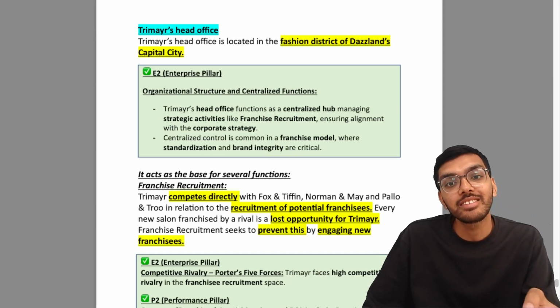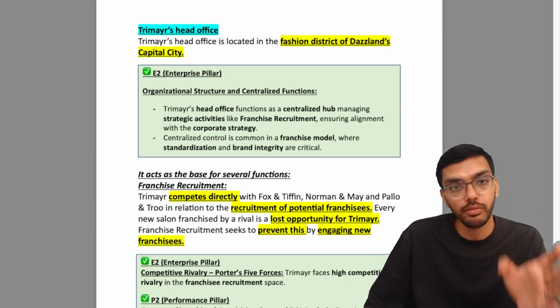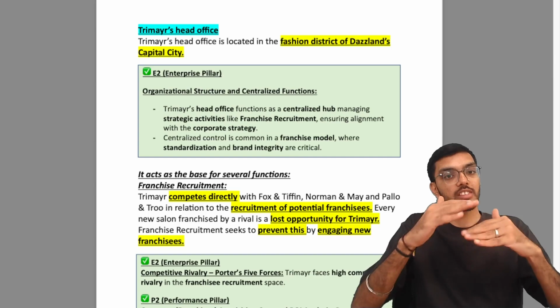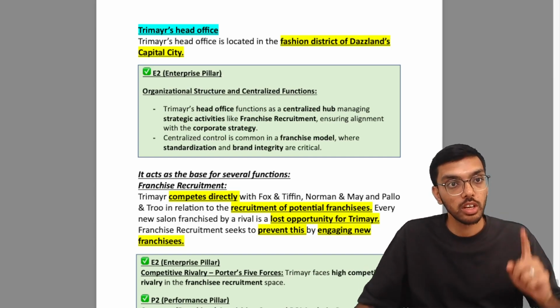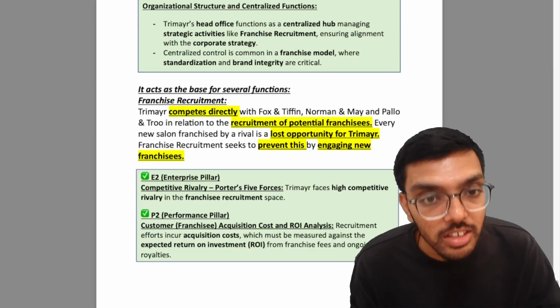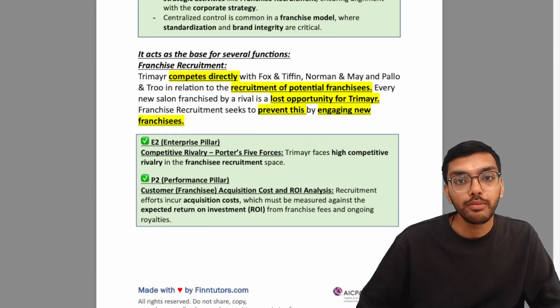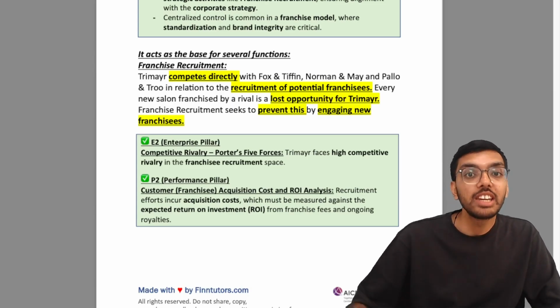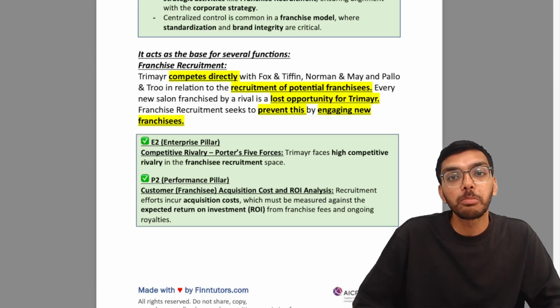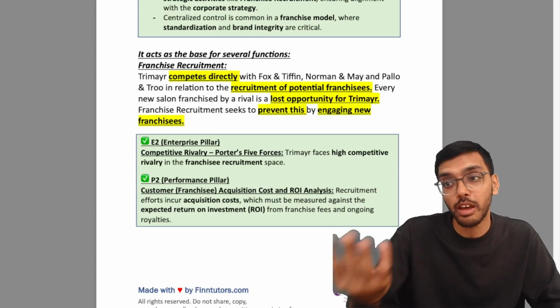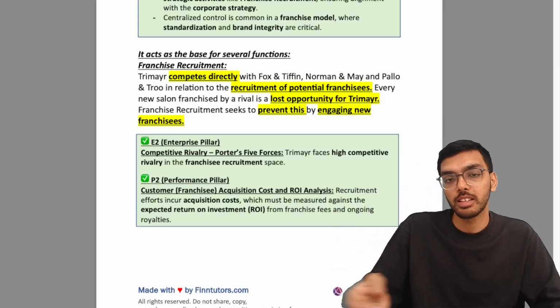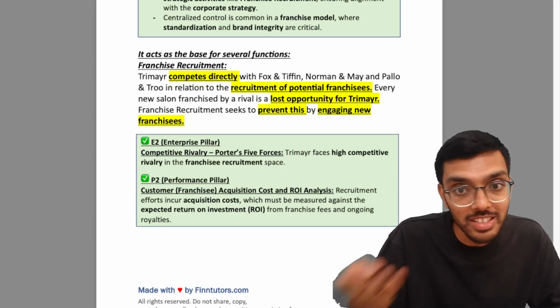It acts as the base for several functions. At this head office, there are several functions. The first function is franchise recruitment. So Trimayr competes directly with Fox and Tiffin, Norman and May, and Palo and True in relation to the recruitment of potential franchises, because there are 4 franchise-based haircutting salon chains in Dazzland.